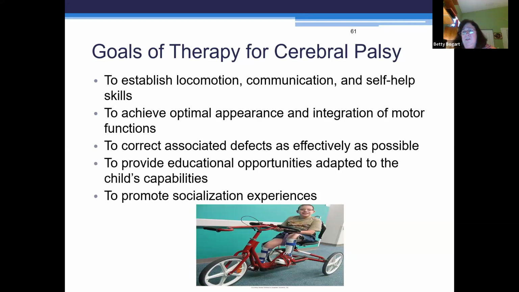Now, there are all different levels of cerebral palsy. When I think of cerebral palsy, I'm thinking about this one little boy at my clinical site, little Jonathan, 7 years old, spastic, nonverbal. That child and I had such a great bond.